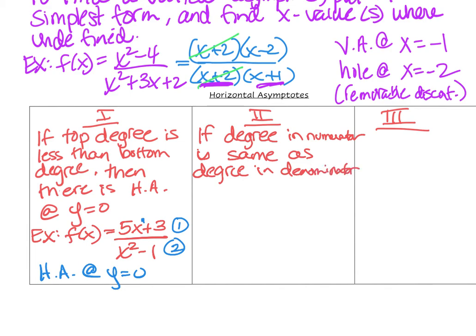And in that case, there's a horizontal asymptote, okay, so let me write it out first and I'll explain it. Okay, so it's always a y equals line because it's a horizontal asymptote, and it's the ratio of the leading coefficients.